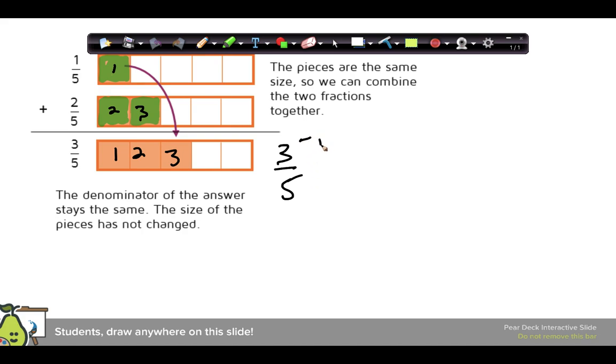So this is how many? And this is the size. So it'd be like saying that I have 3 nickels. So that is the size right there.